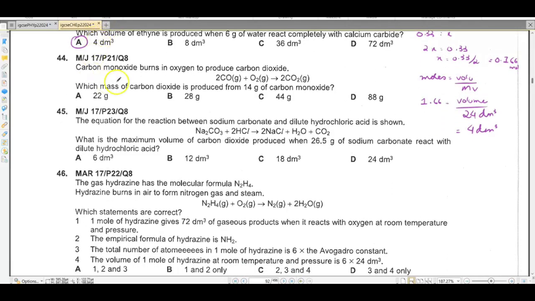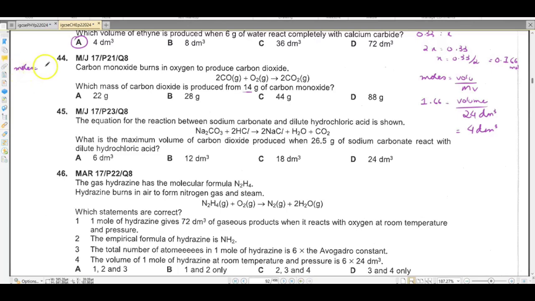Question number 44. Carbon monoxide burns in oxygen to produce carbon dioxide. Which mass of carbon dioxide is produced from 14 grams of carbon monoxide? We've been given the mass of carbon monoxide and we have to find the mass of carbon dioxide. So the first thing that we need to do is find the number of moles of carbon monoxide from the mass that's been given.